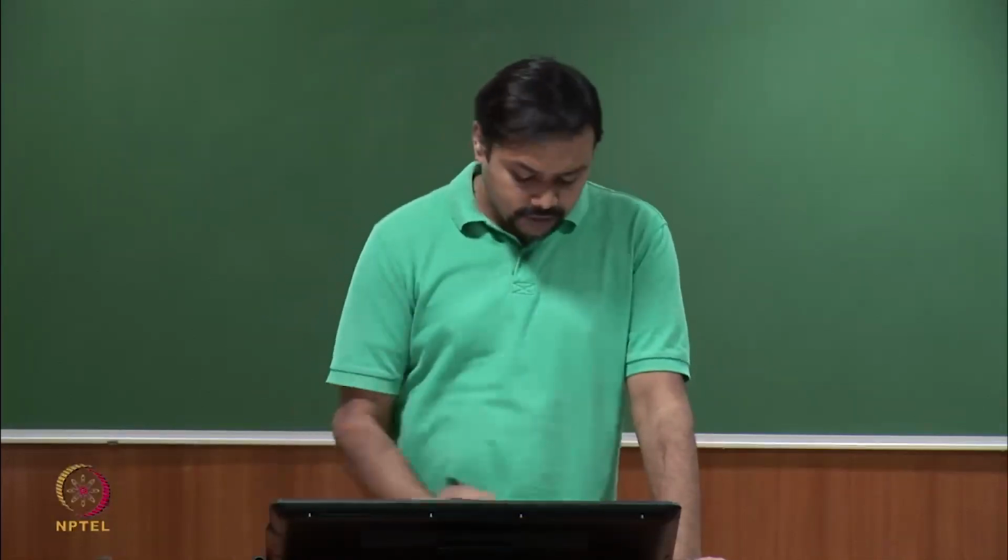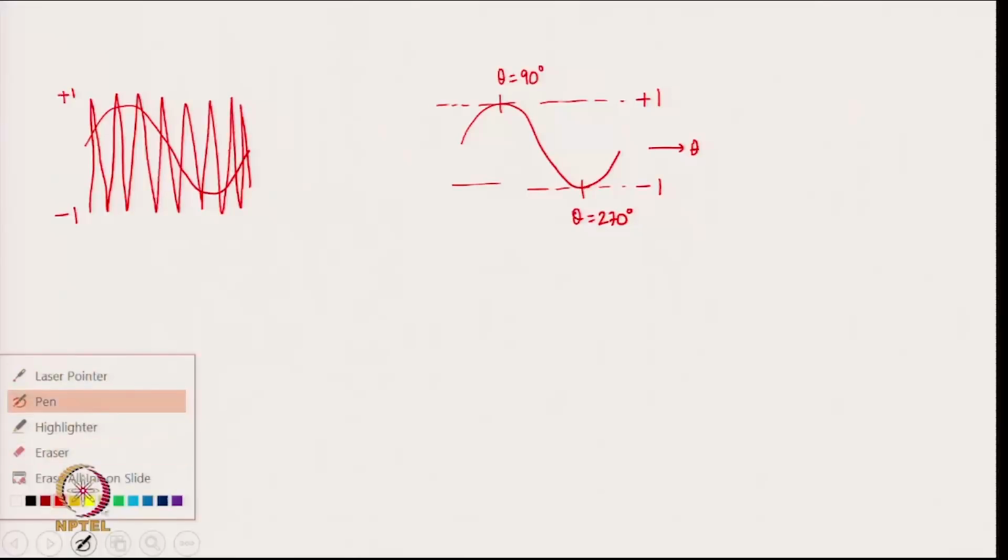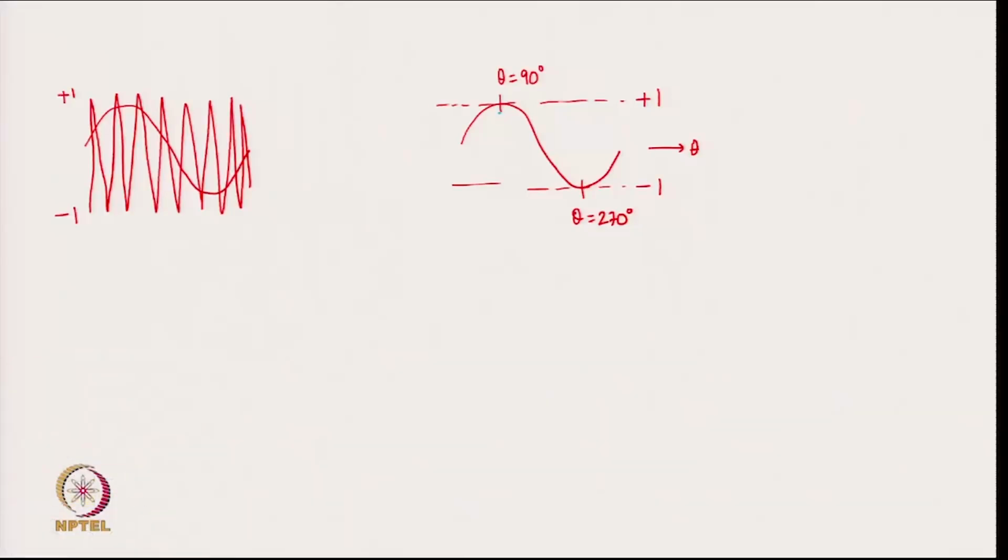If somehow we can push this part down and push that part up, then it may be possible to keep the sine wave within the plus 1 and minus 1 region.